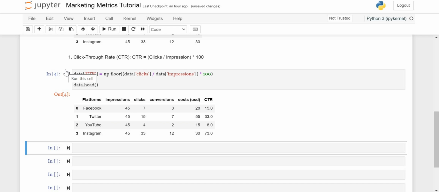So what we'll be moving on to right now is the conversion rate. Conversion rate, also known as CR, is calculated as thus.